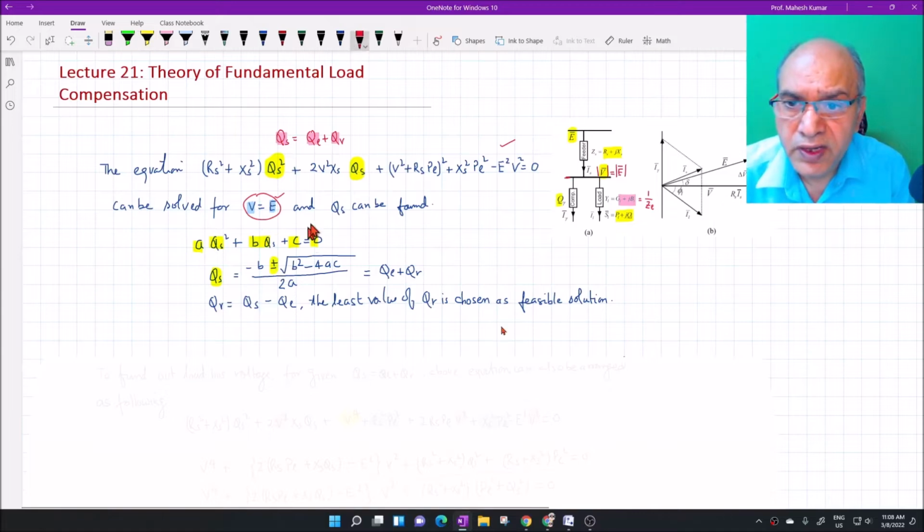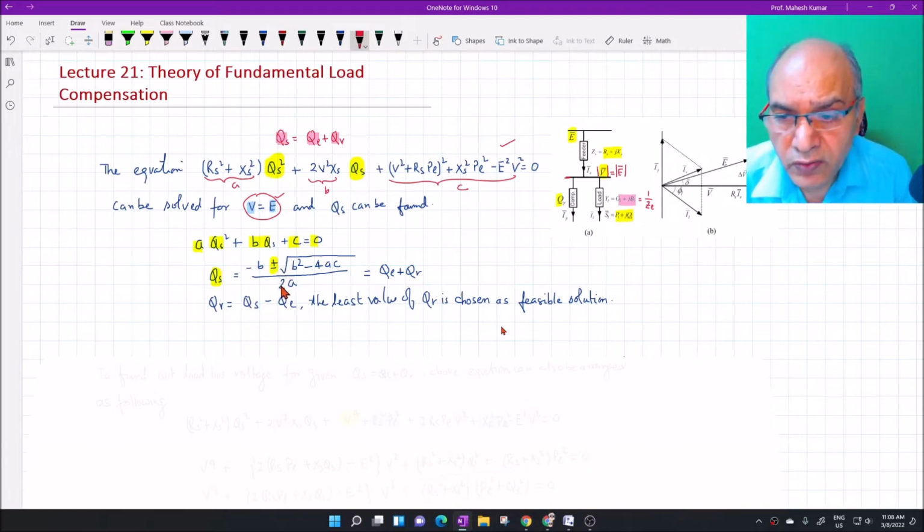The value of B is this parameter. This is B, this is A and this is C. So there are two signs, plus and minus, and we will get two values of QS. We will choose the least value of QS so that the Q gamma rating is minimum. So the least value of Q gamma is chosen as the feasible solution of this equation.